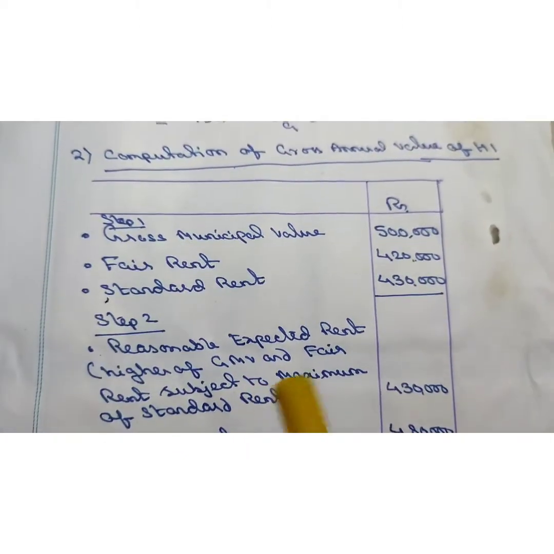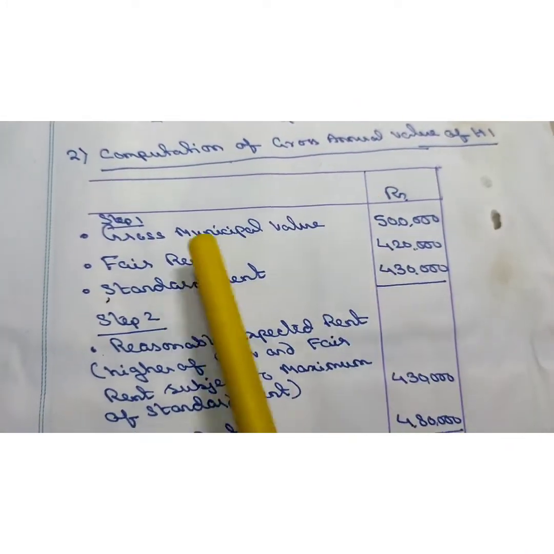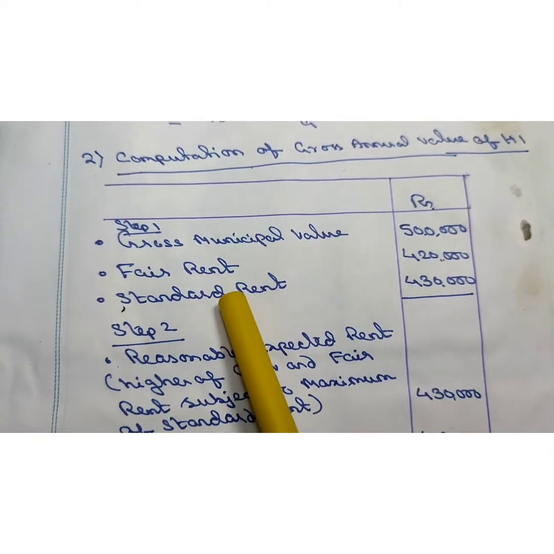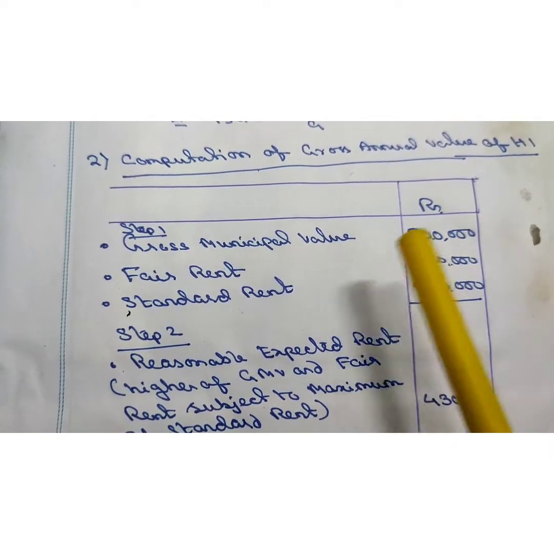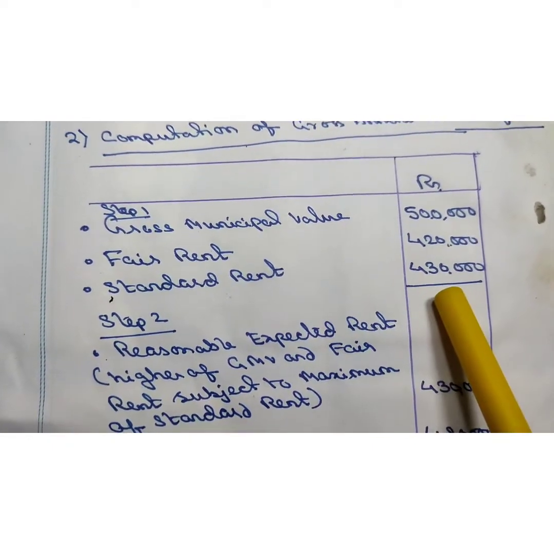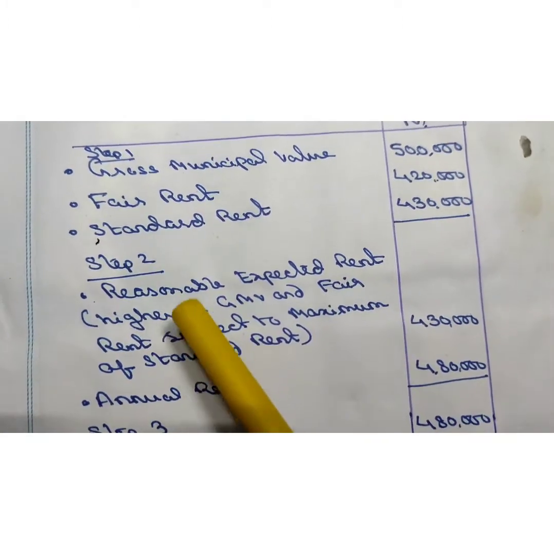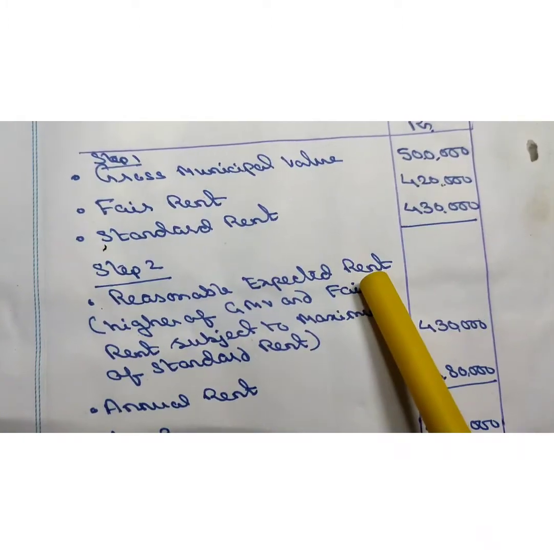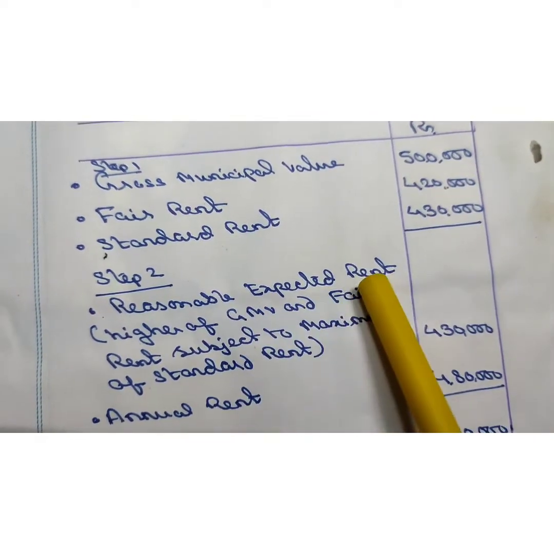Now the computation part, computation of gross annual value of house 1. In step 1 we have 3 amounts: gross municipal value of 5 lakh, fair rent given in the question 4,20,000 and standard rent 4,30,000. In step 2 we have to compute reasonable expected rent from these 3. What is the reasonable expected rent?